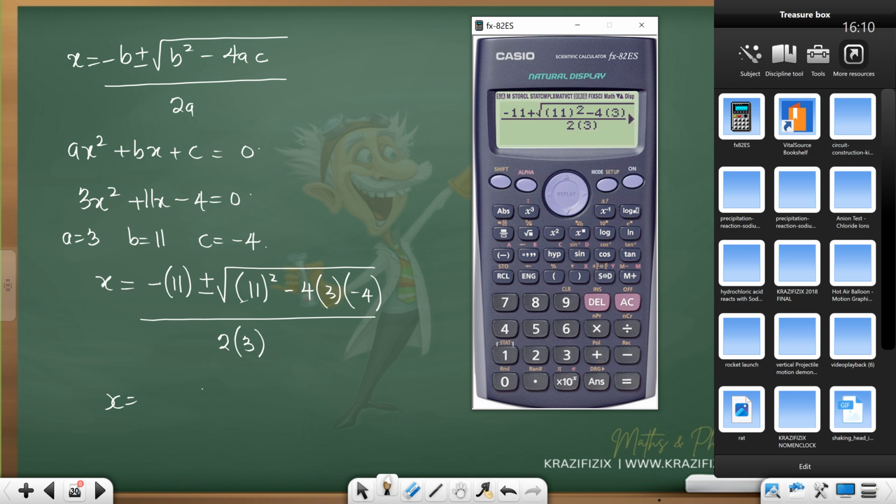Just type it the way you have written it. Check your answer. 1 over 3. Then you go back. So one of my answers is 1 over 3. Then you go back. You change that plus to negative. Negative 4.